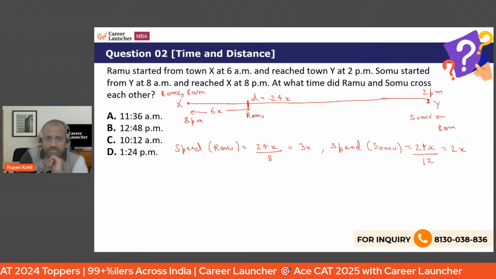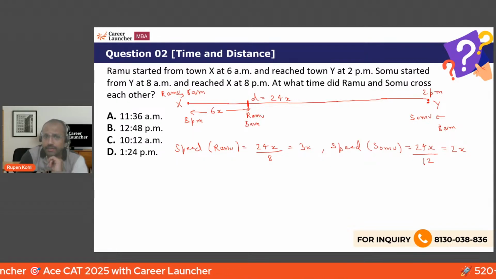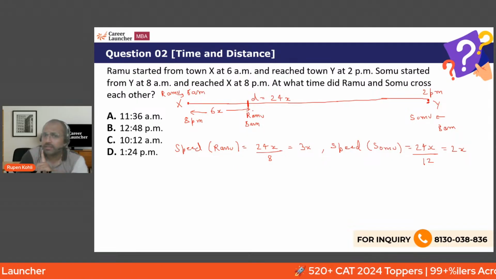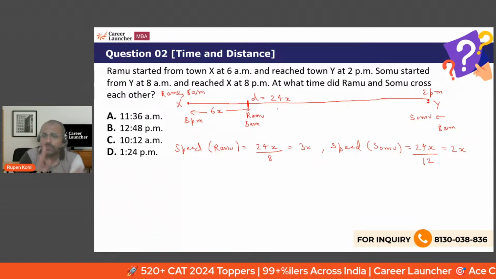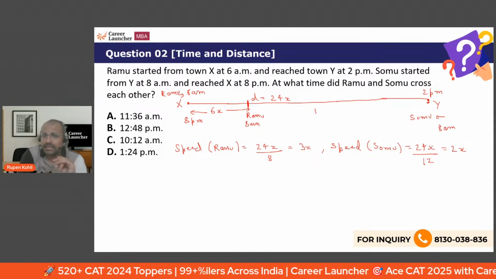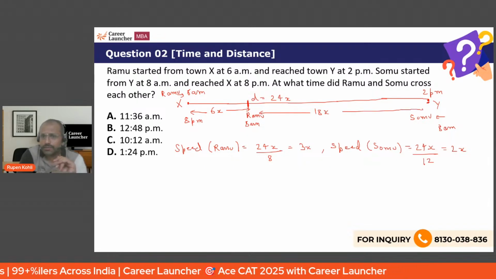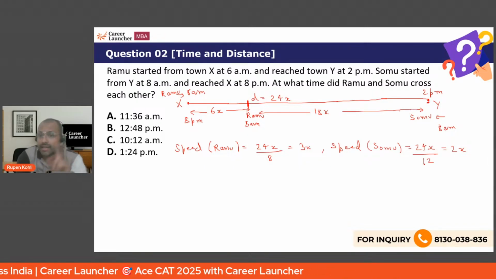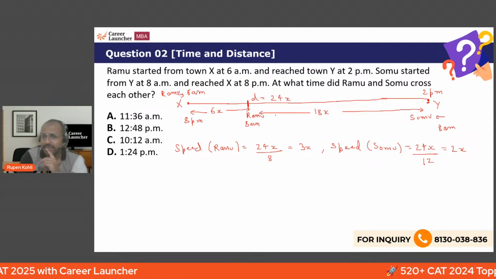The whole distance was 24x. So this is the distance from where Ramu is standing at 8 a.m. Now they are moving towards each other in opposite directions, right? Now the distance remaining is 24x minus 6x, which is 18x, right? So this distance of 18x has to be covered at the relative speed, which is 3x plus 2x, 5x, right?